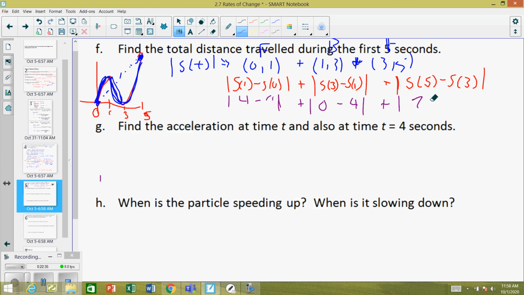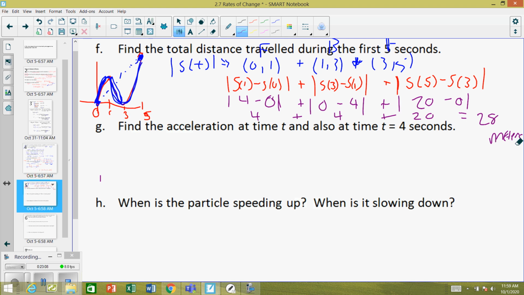It was actually 20. And S of 3 was, again, 0. Now, you see why I put the absolute values here. If I didn't, that would be 4 plus -4. That total change in distance would counteract each other and would give us the wrong answer. We traveled 4 in the positive direction. We traveled 4 in the negative direction. And then we traveled 20 more in the positive direction for a total distance traveled of 28 meters.